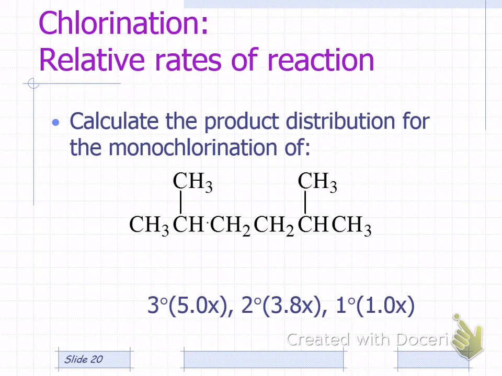First, you have to figure out how many of each kind of hydrogen there are. Ignore this dot. That's part of the sigma bond between these two carbons, which I can push together close enough so it doesn't hide it. But ignoring that dot, how many primary hydrogens do I have? A bunch, right? There's these, these, these.